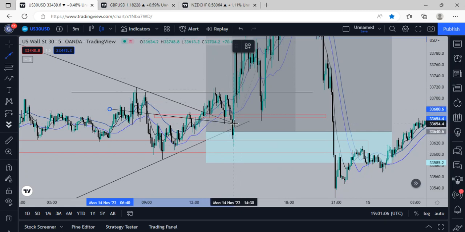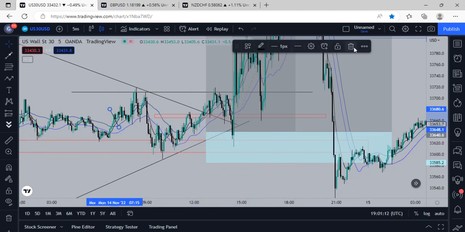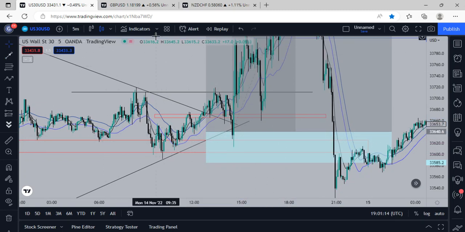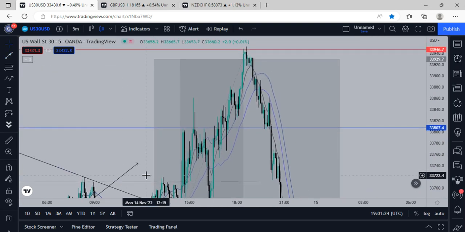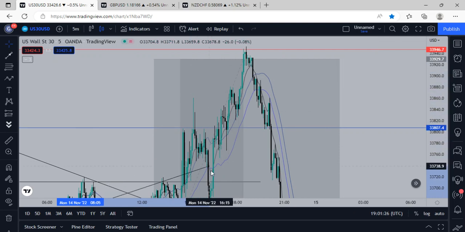But I didn't tell myself that now we're going to be looking for selling positions. No, we have another support level here, a major support level over here. And that is where I had set my stop loss, just a few pips below my support. And that's when we shot up to the upside. Look at this. We shot up to the upside, all the way to the upside, all right?